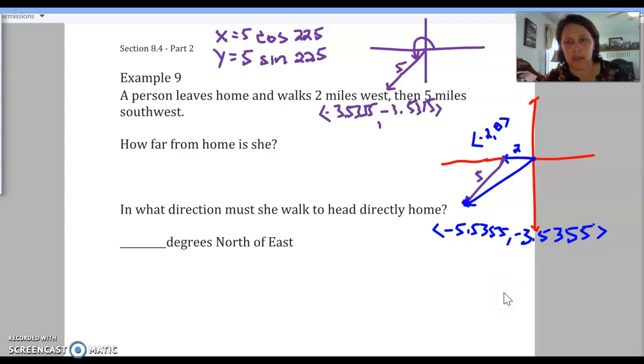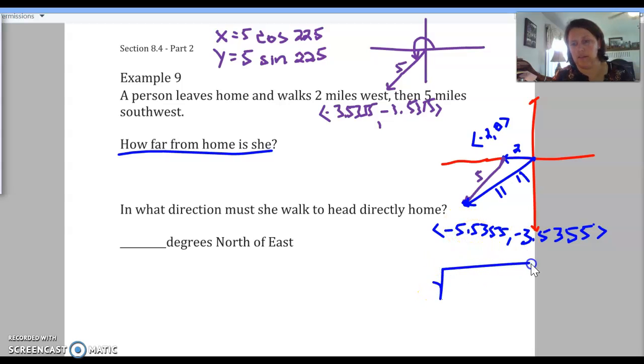All right, and so now we need to know how far away from home is she. That's going to be the magnitude of my new vector right here. So if we know the component form, we can find the magnitude.